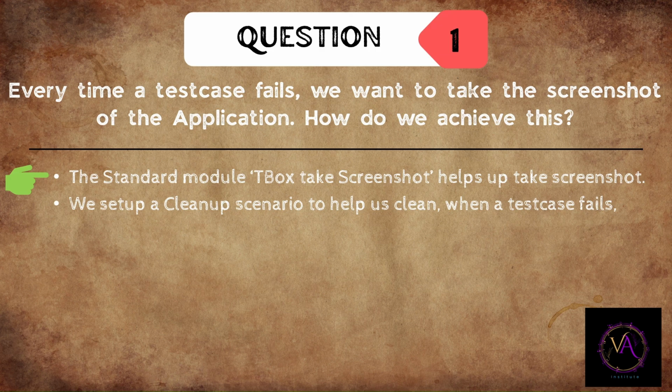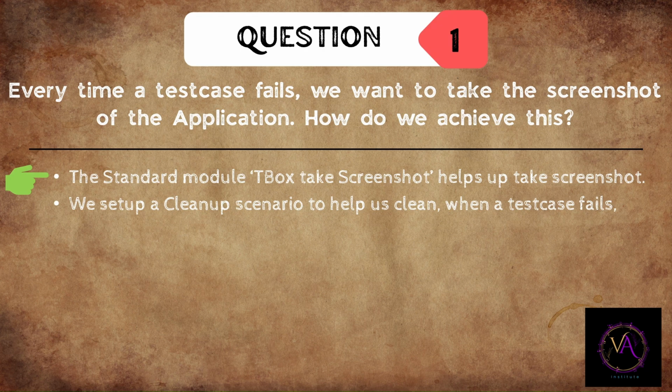We can add the TBox Take Screenshot into your cleanup scenario so that whenever you are executing a test case and it is failing because of any reason, dialog failure, exception failure, or even verification failure, the control comes to the cleanup scenario before executing the next test case.